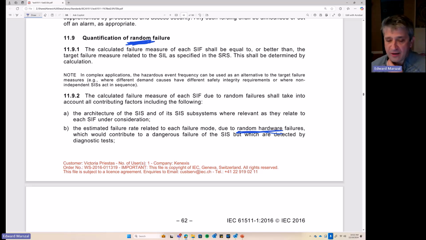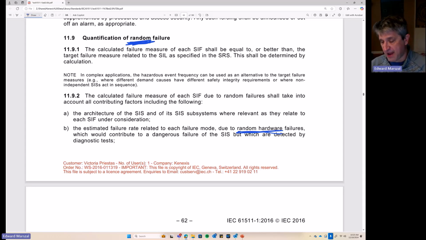So the primary takeaway from this is do not include systematic failures and systematic human failures in your SIL verification calculations. Do not do it. The standard tells you not to do it. Only include random hardware failures. Do not include human failures in here. So that's the big key takeaway.